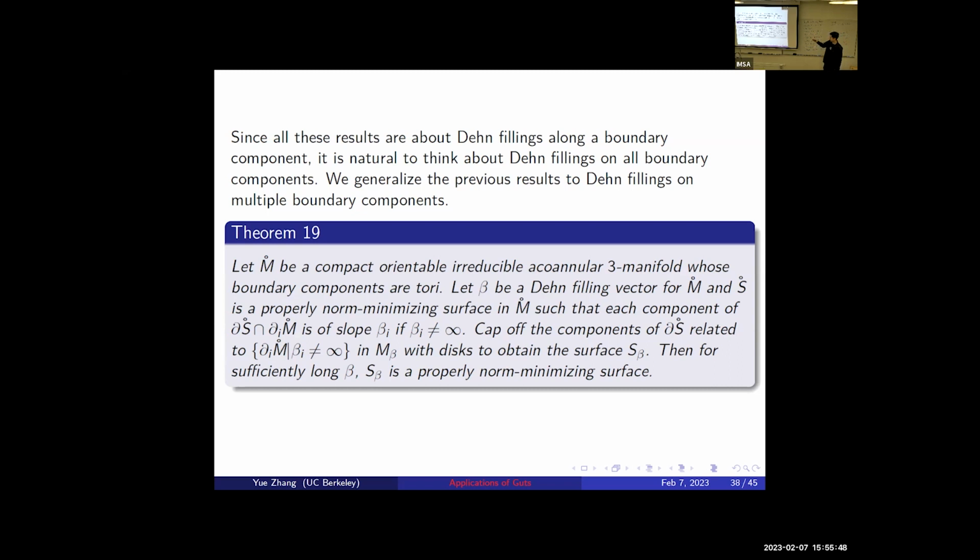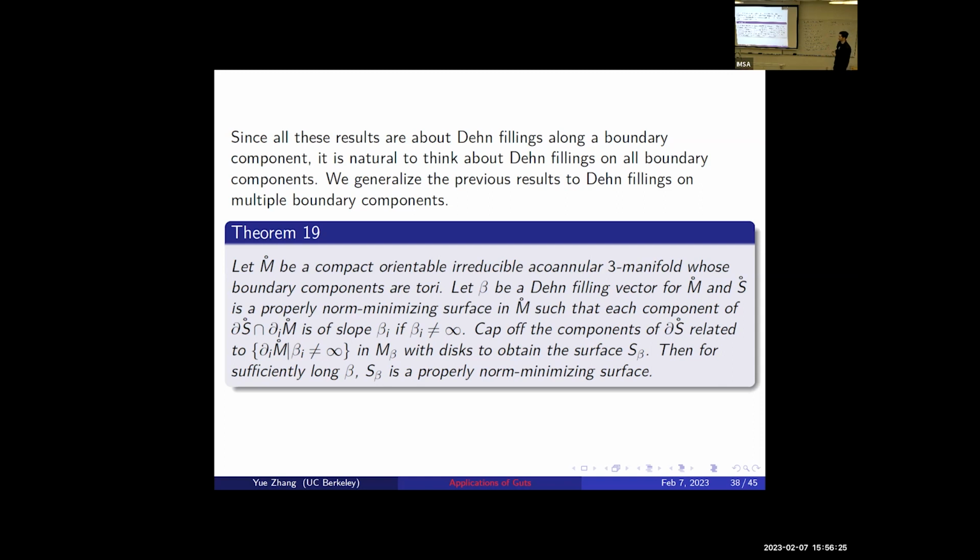So you let beta be a Dehn filling vector for M circle, and S circle is a properly non-minimizing surface in M circle such that each component of the boundary of S circle meeting the boundary of M circle is of slope beta i, if beta i is non-infinity. That means if you have a Dehn filling on one boundary and the surface intersects the boundary, then the intersection should be of the slope of the filling.